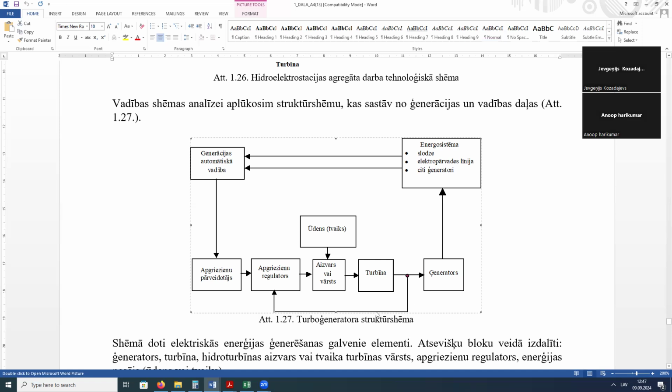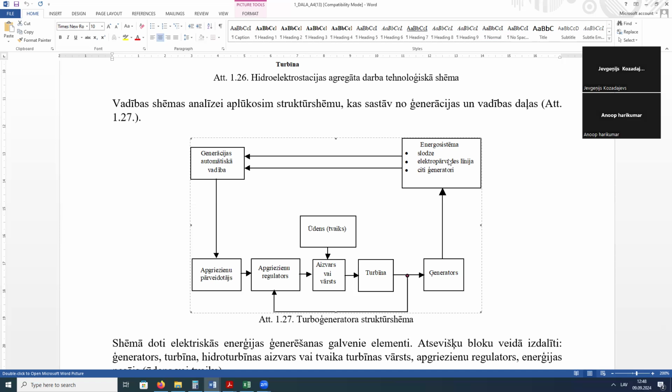This rotating speed comes to the rotating speed regulator, to control all the time that the rotating speed stays constant, because based on the load, if the load increases, it means we need more power, and it is more difficult to generate. For the generator, it means we need more mechanical power, which is water flow.